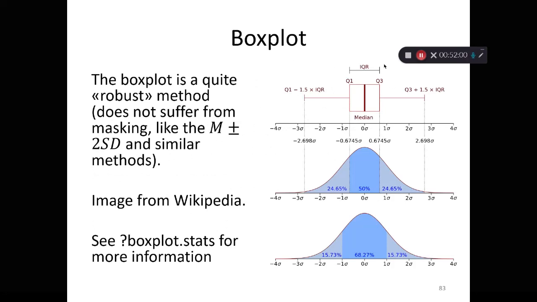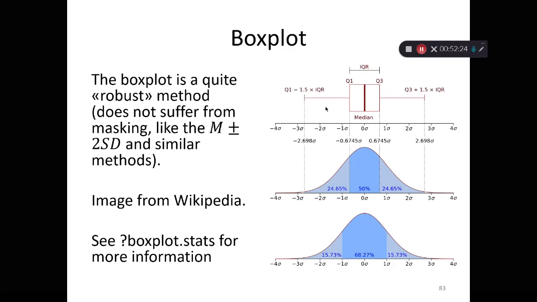Why the box plot? What is the box plot? You probably have seen that many times. It's a box and whisker plot in which one line represents the median. I took this picture right from Wikipedia. A box represents the range between the first and the third quartile.